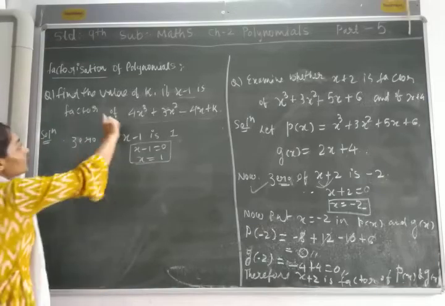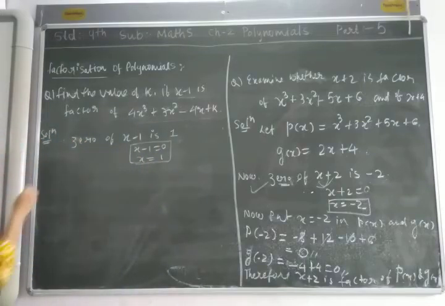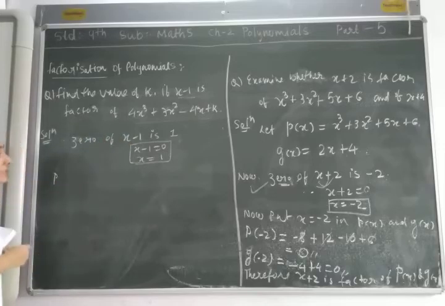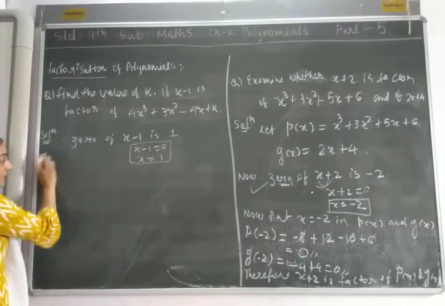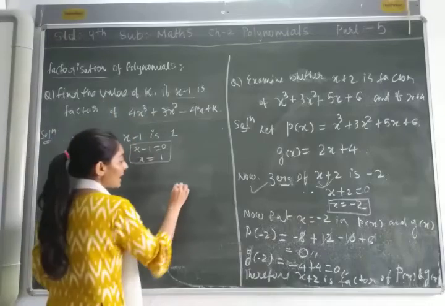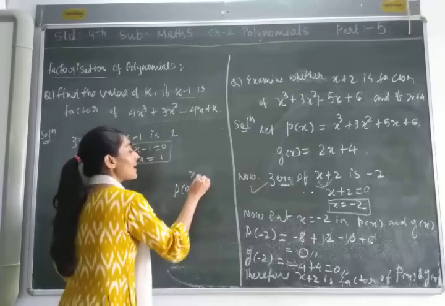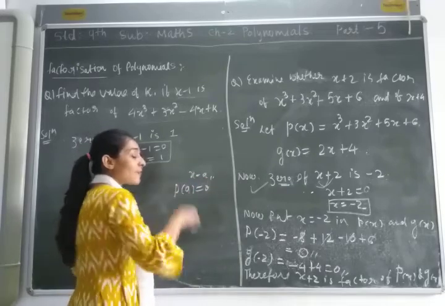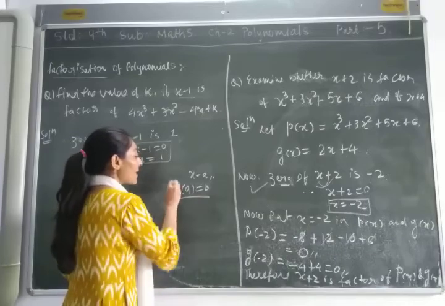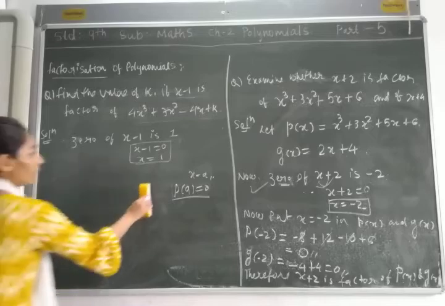Now if this is a factor, then we have seen in the factorization theorem that if x minus a is a factor of p of x, then my remainder p of a equals 0.